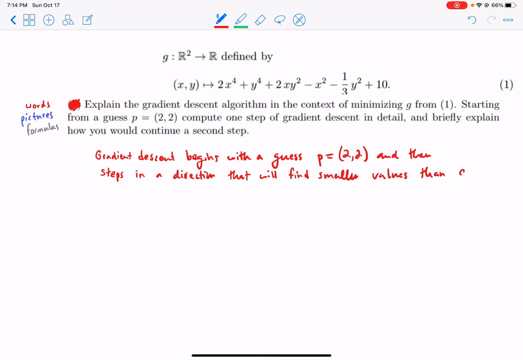Smaller than what? Well, smaller than g of p. So we just pick a random point p for a guess, and g of p won't be the minimum. So p won't be the argmin.